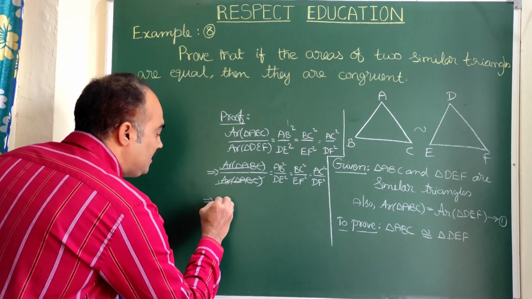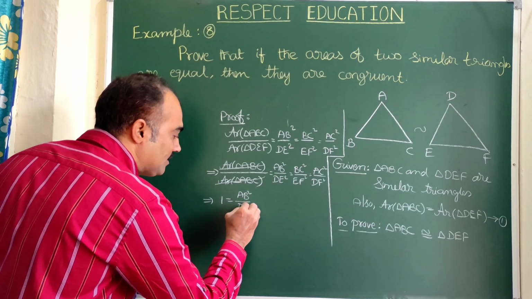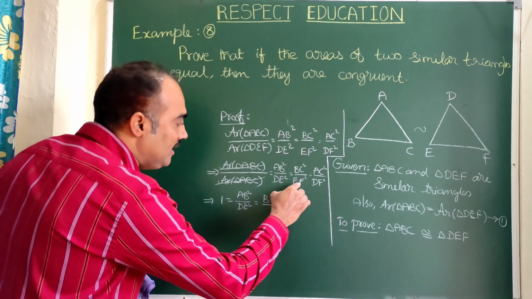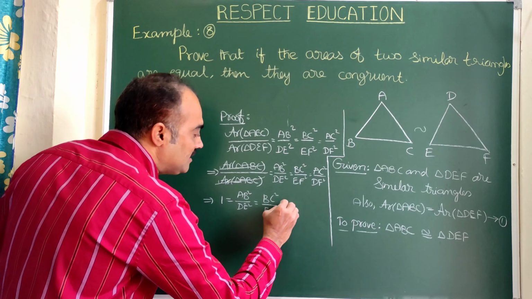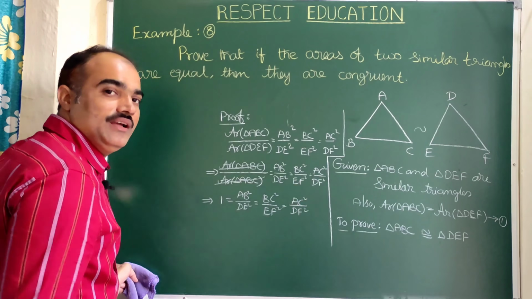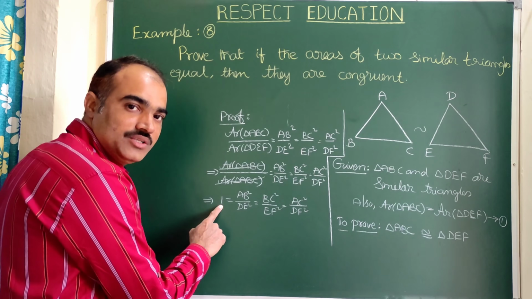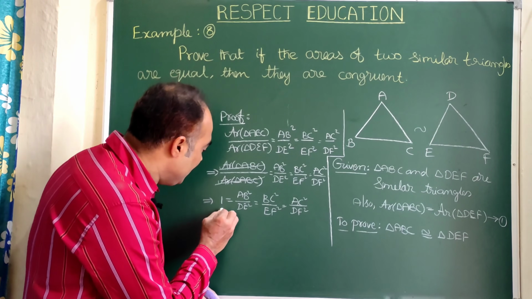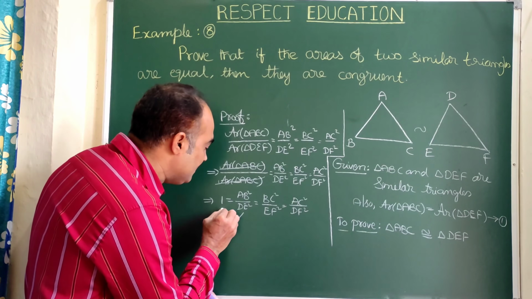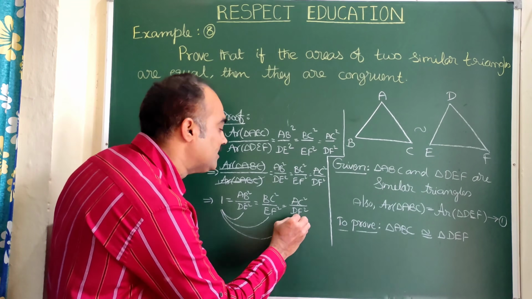So here what we get? 1 is equal to AB square by DE square is equal to BC square by EF square is equal to AC square by DF square. Now here the thing is that this one is constant, so this one is equal to this ratio. Same way this one is equal to this ratio. In the same way, the same one is equal to this ratio.